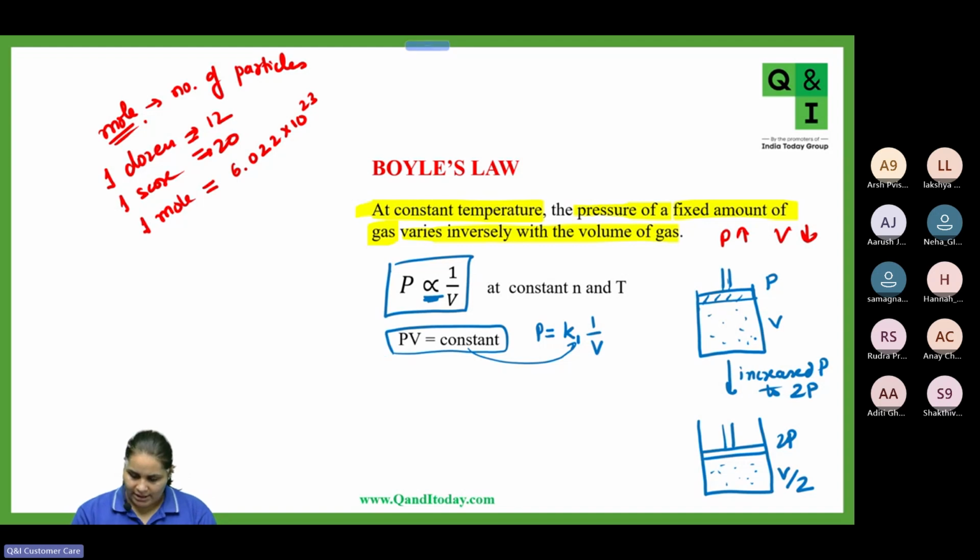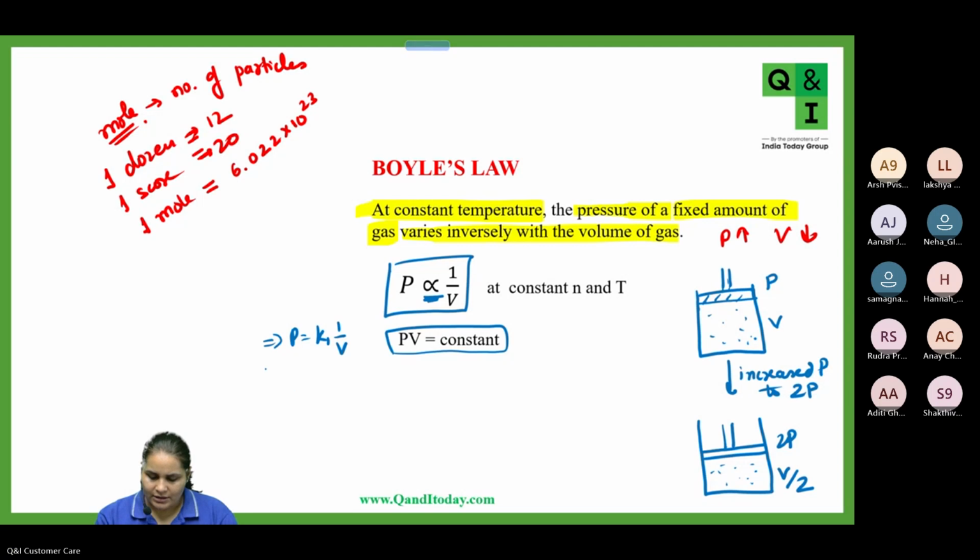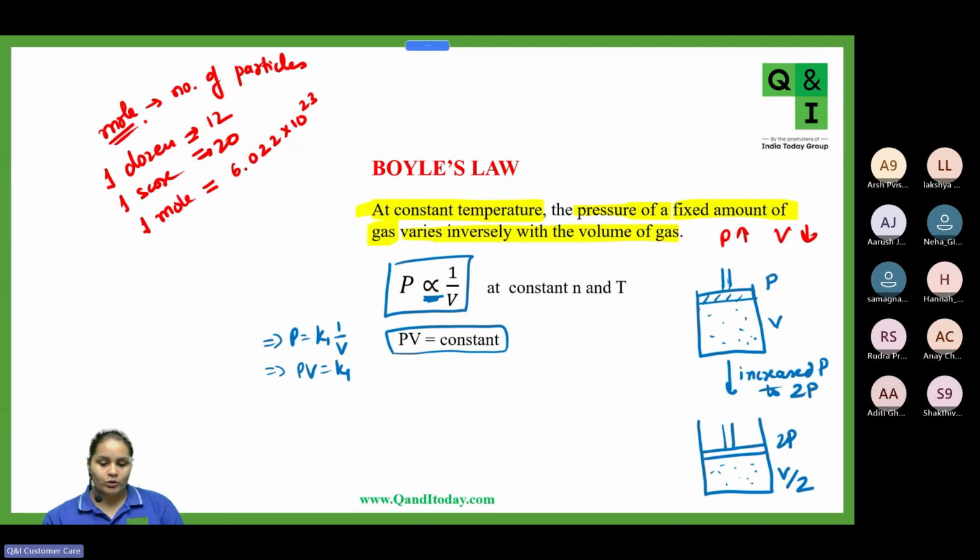Rather, I write it on the left hand side so you will be able to link it better. So P is equal to K1 times 1 by V, so PV is equal to K1, and K1 is nothing but the constant. So PV is going to be constant. The product of pressure and volume will be constant.